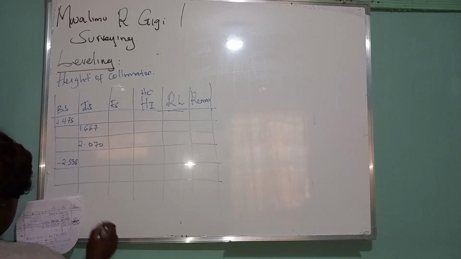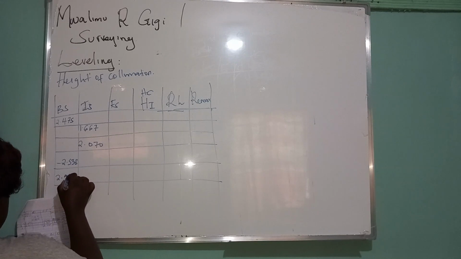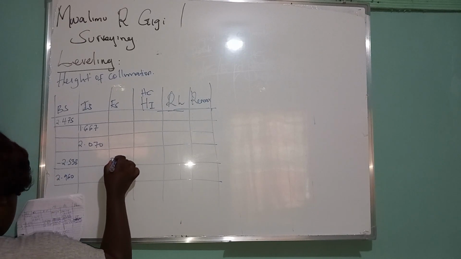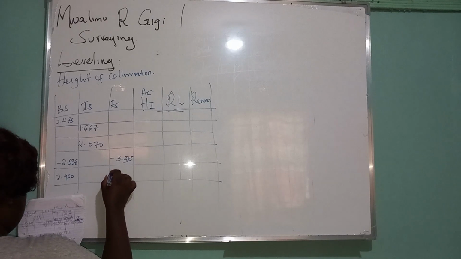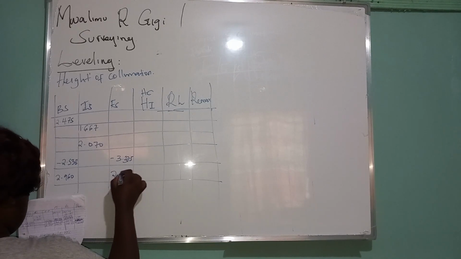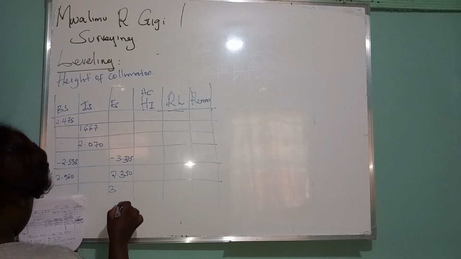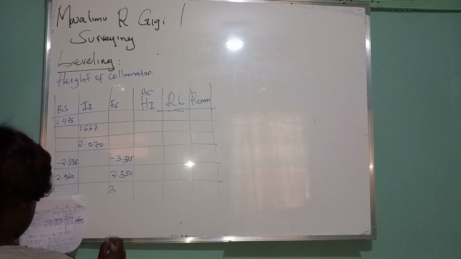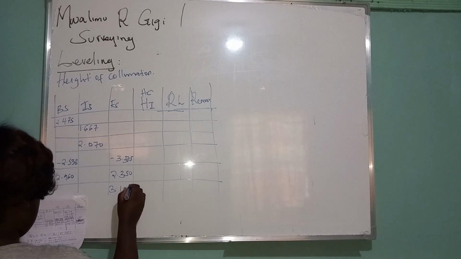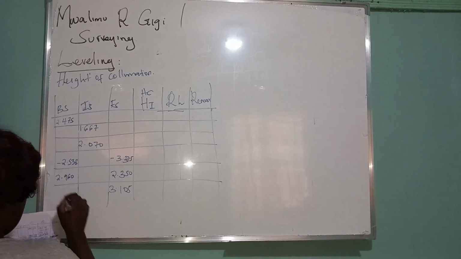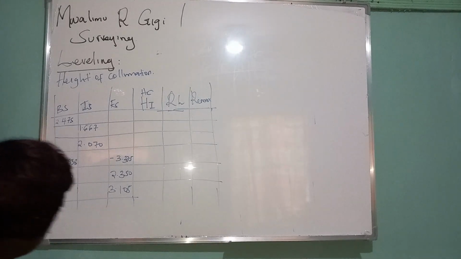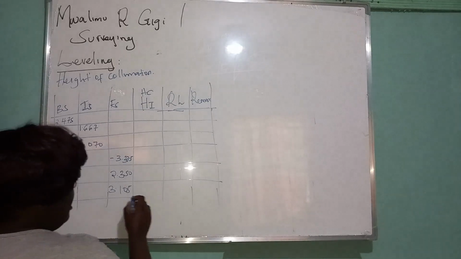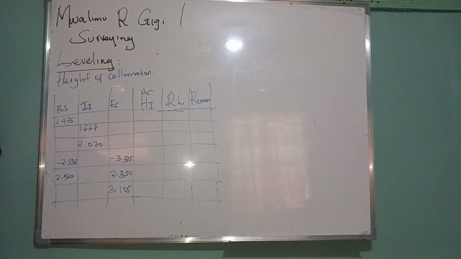Then we have 2.960, negative 3.375. We have 2.350. Then lastly 3.105. So that is our data.